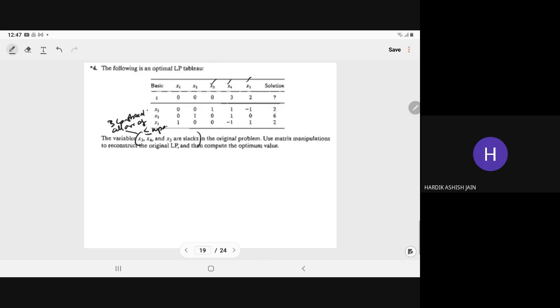Use the matrix manipulation to reconstruct the original LP. Then compute the optimum value. Now the question is, this is the optimal table of the particular problem, and you have to make the question. In the optimal table, x3, x2, x1 are the basic variables.